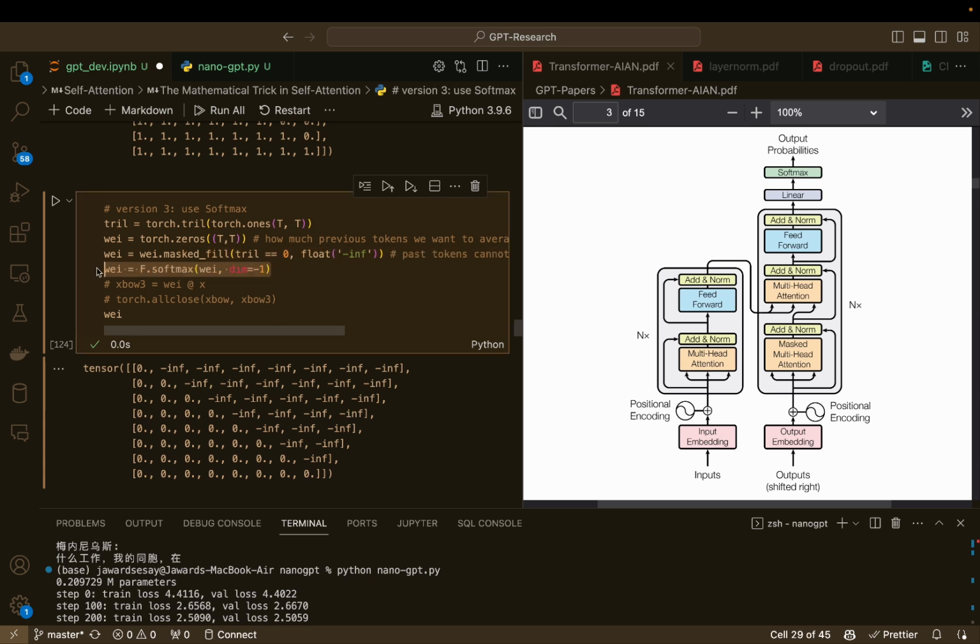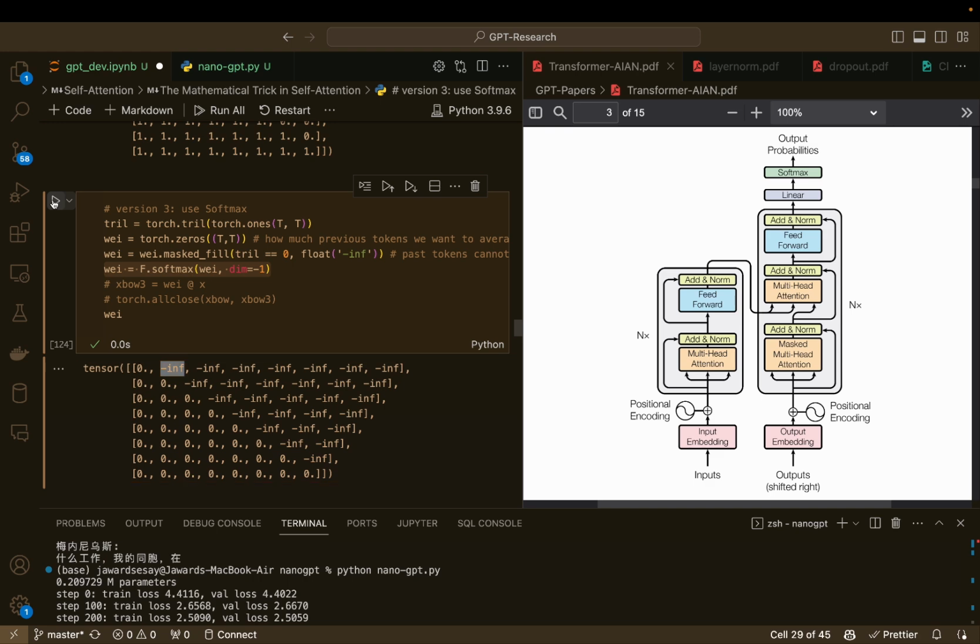And then next, if we apply softmax to these values, softmax is basically a normalization function. It takes the exponential of all these values and then gives the normalized sum of them at each point. So for example, this one will be 1, the exponential average of this will be 1, and then this one will be basically 0.